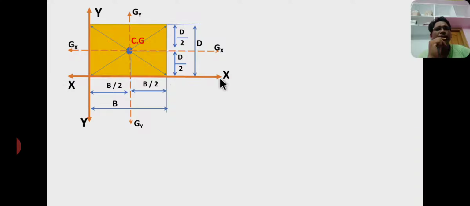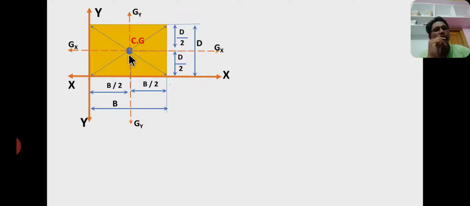Here x axis and y axis are called reference axes, whereas Gx and Gy axes are called centroidal axes, where CG is the centroid of a rectangle. The centroid of a rectangle lies where its diagonals meet each other. The intersecting point of these two diagonals is the centroid or center of gravity.